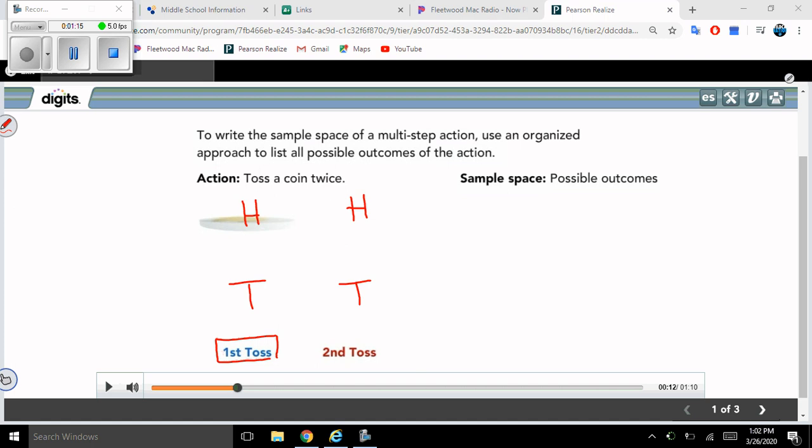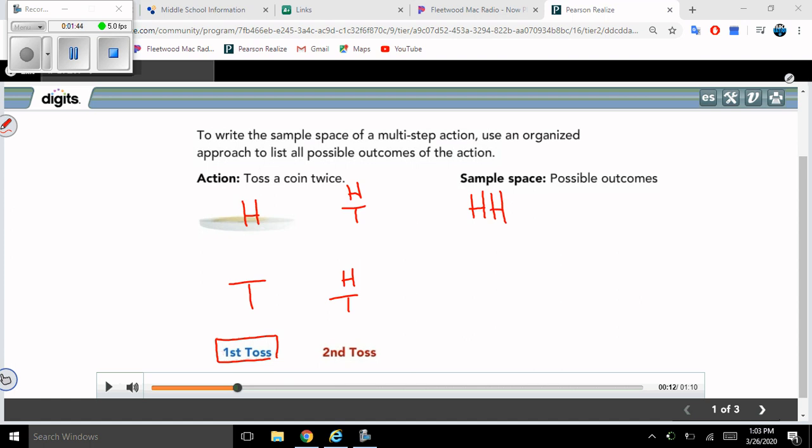Please make sure you understand. If you flip a heads first, your second toss could actually be heads or tails. And after your first toss, your second toss could be heads or tails. So potentially we could say, I could flip heads followed by heads.